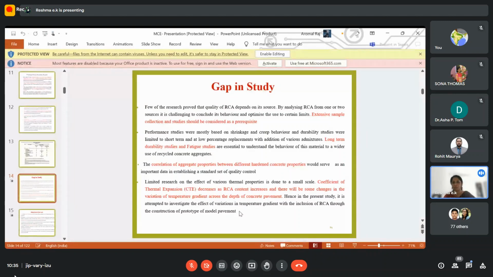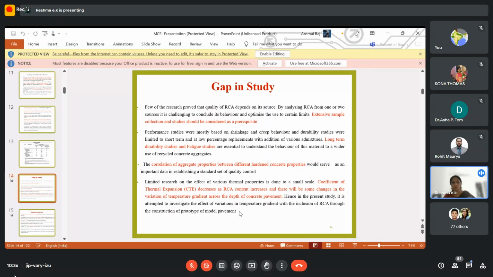So I was a little reluctant to do this, but when I talked to one of the professors at IIT Madras, who is basically doing tests on recycled concrete aggregate, he gave me hope. He said that the coefficient of thermal expansion, that is, when temperature changes, what is this coefficient, obviously will change. The problem with recycled concrete aggregate here is that the mortar is present. So when the mortar is present, the thermal expansion coefficient will also change, and due to that there will be some changes in the thermal stresses also.